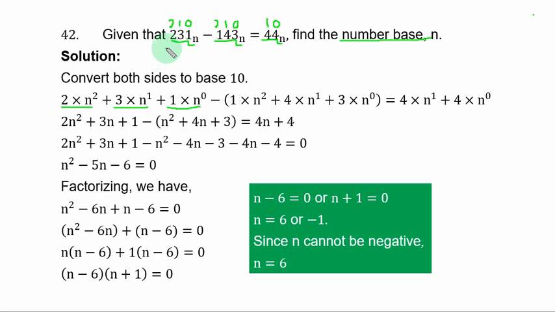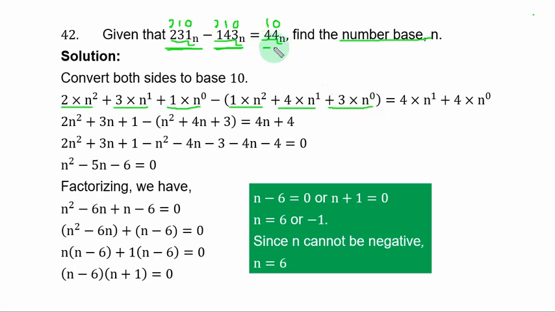What you have done now is converting this to base 10. Then you take this, because there's minus in between, you put it in bracket, where you have 1 times n power 2 plus 4 times n power 1 plus 3 times n power 0.